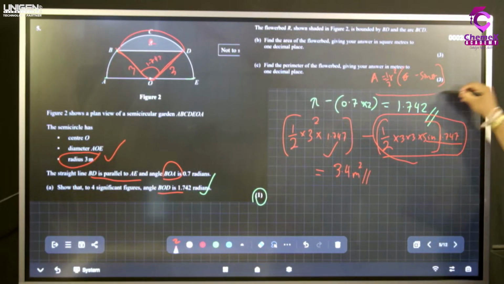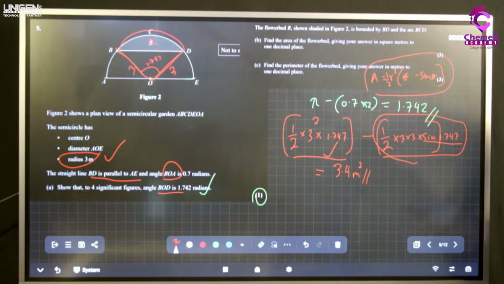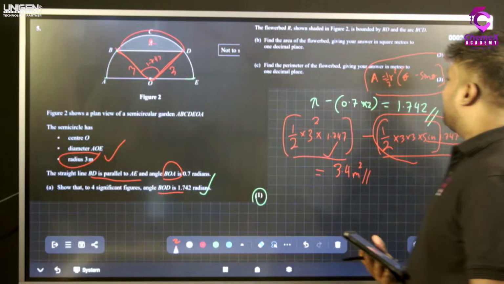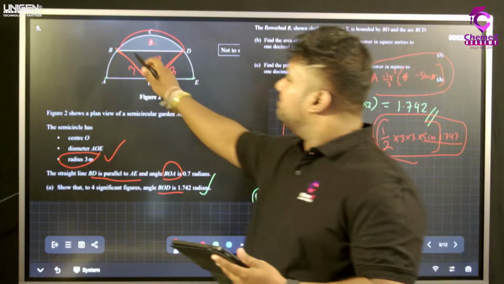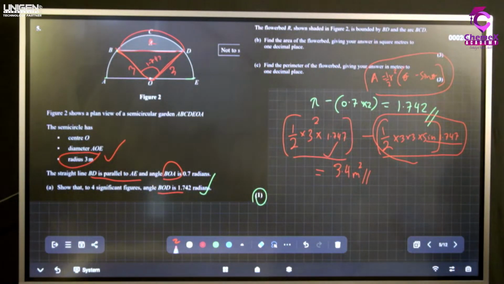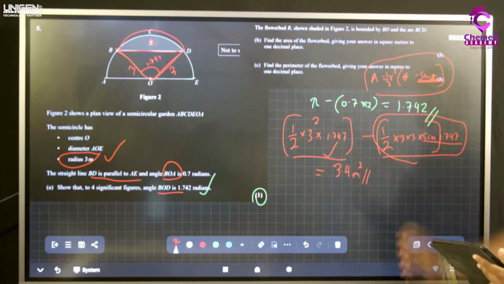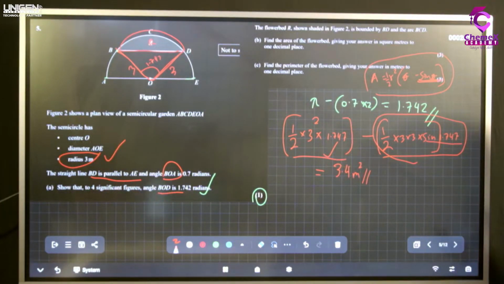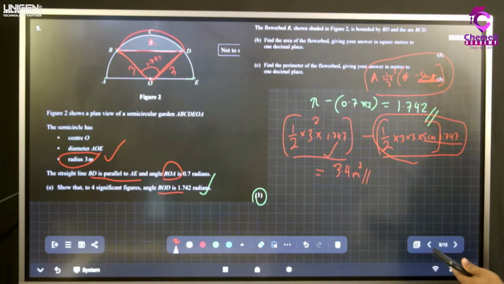If you remember, you can use that. If not, you can use the sector area minus triangle area, simple as that. Any method you suggest, you can use, both are correct, but make sure when typing the sine parts in radians your calculator mode is in radians, okay? If not, the whole answer is wrong.